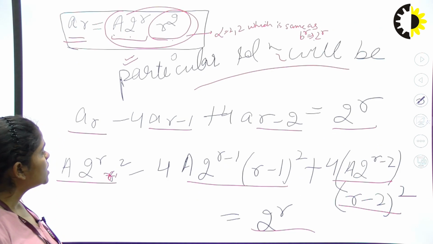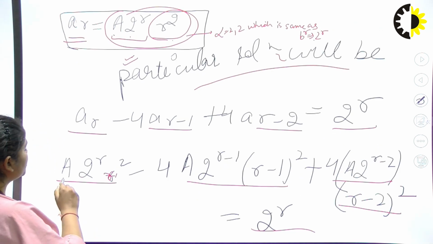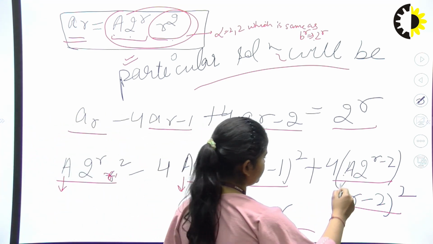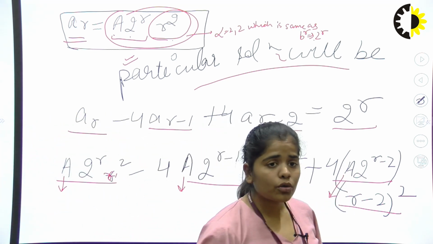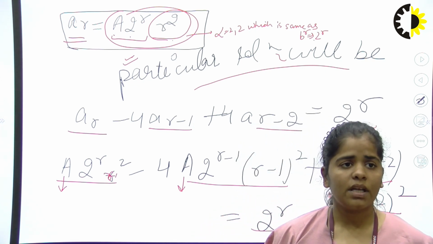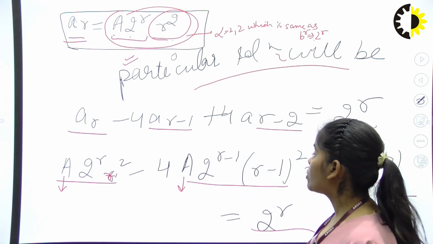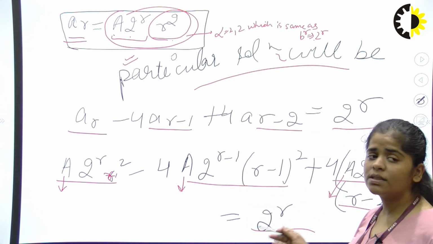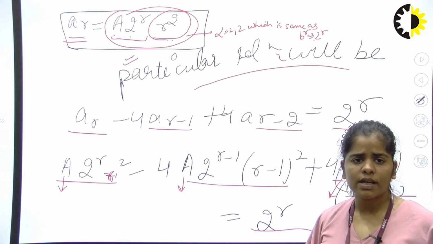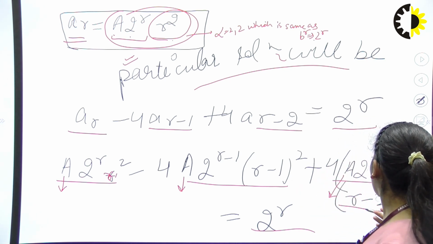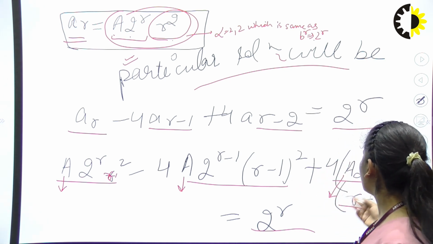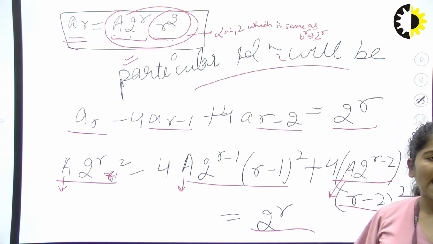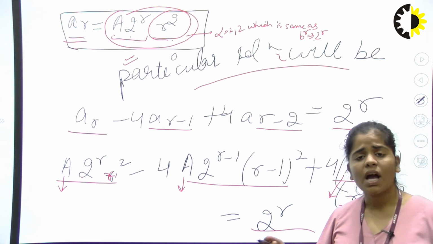Now I have to compute the value of A, which is a constant value, right? So how to find the constant value here in case of the particular solution? Basically you have to open all the brackets using normal concepts like (a minus b) whole square, then multiply the terms with the constants and compare the LHS values with the RHS value.